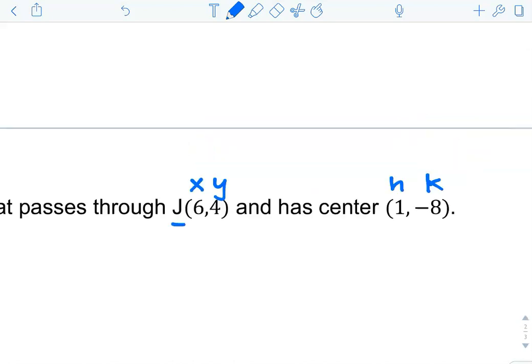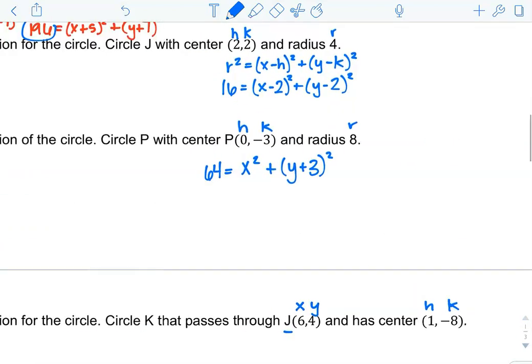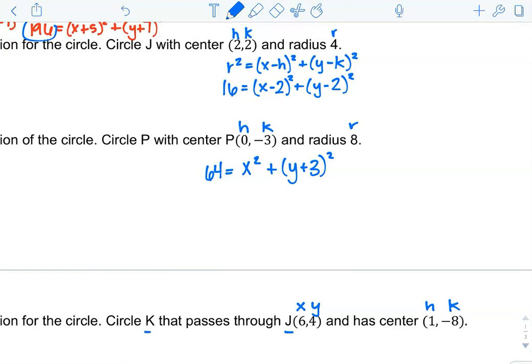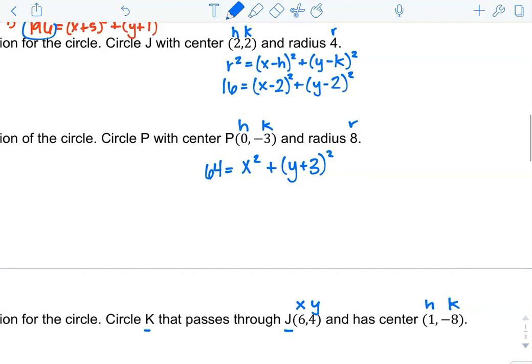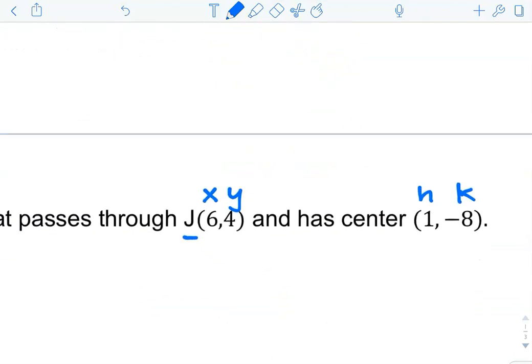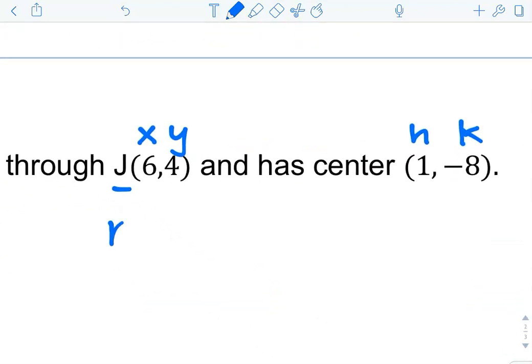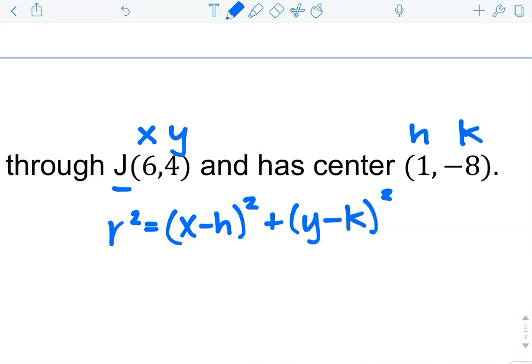So if you compare this question to the two that we just did, the main difference is they don't give us the radius. We're going to have to do some work to find the radius. So if I start by writing down my formula that I know, it's r squared equals x minus h squared plus y minus k squared.